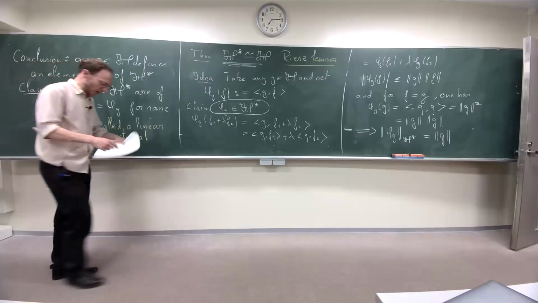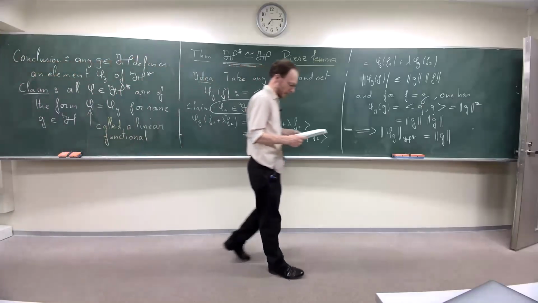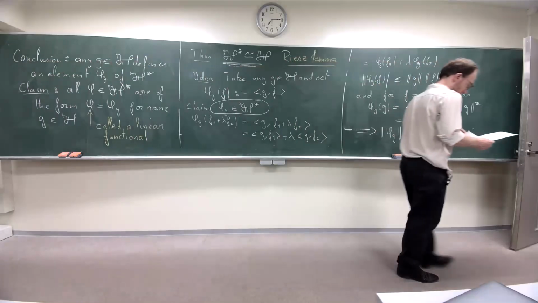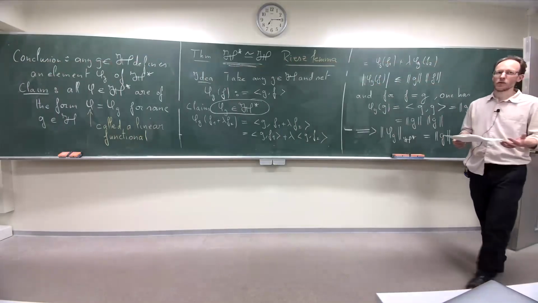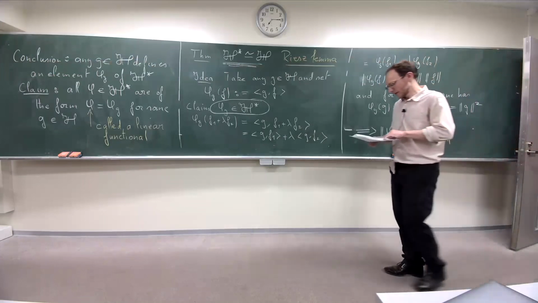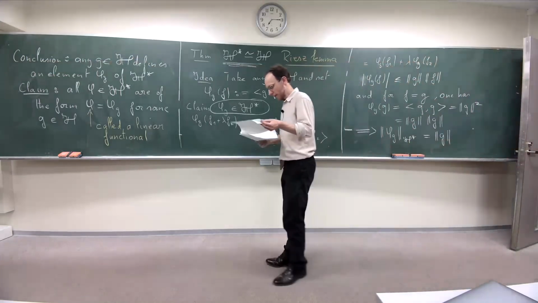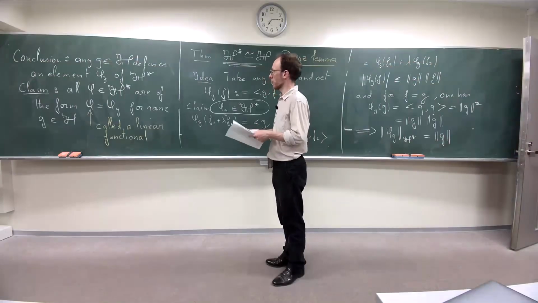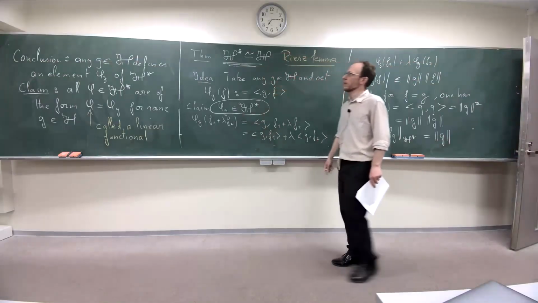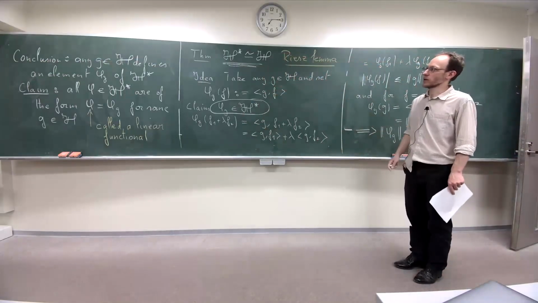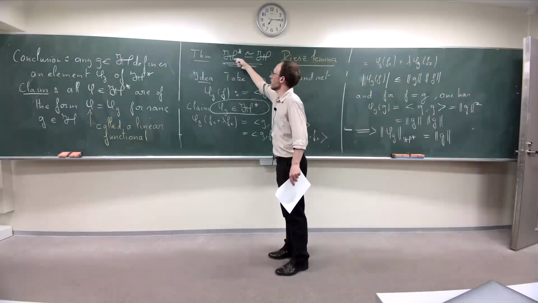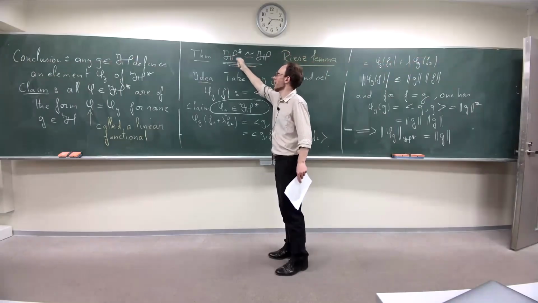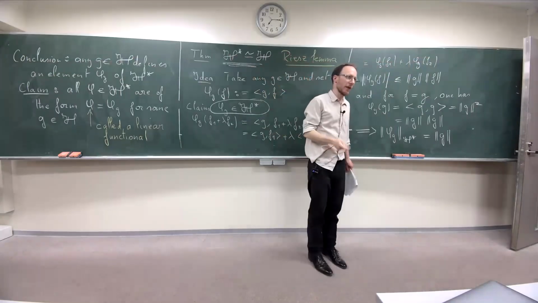So if we summarize what we have already seen today, we have introduced this notion of subspace or closed subspace. This is important. And I introduced the notion of orthogonality, and we have introduced the notion of a dual. But for Hilbert spaces, the dual of H is H itself.